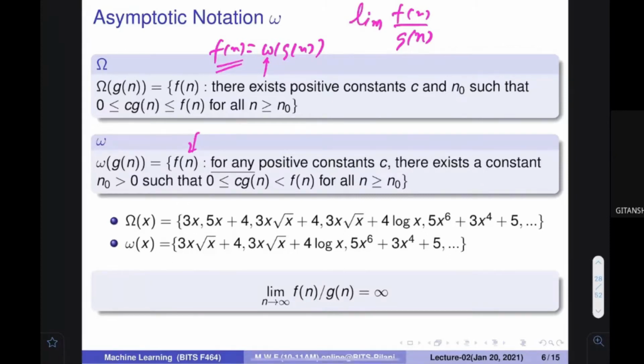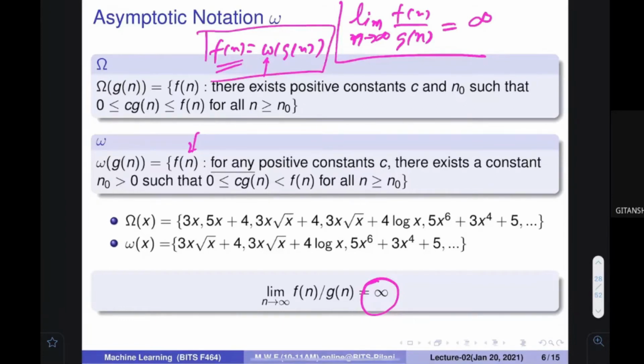If I take the limit as n tends to infinity, this value is going to be infinite. So if you need to show somewhere that some function is of the omega order, then you have to find out the limit, and you can show it in this way.